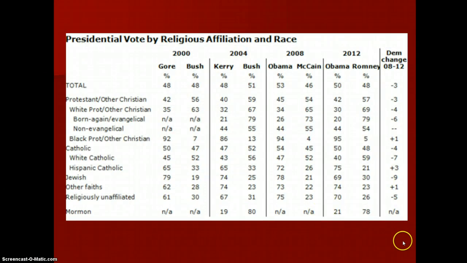The last thing we talked about is religion, and typically the more religious you are, the more you favor Republican ideals, especially if you are evangelical in the United States, which typically is another way of referring to Protestant.